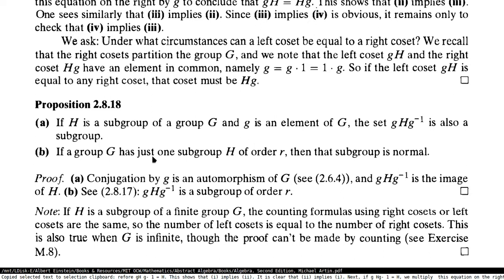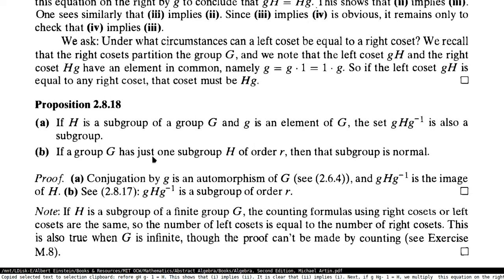The first one is trivial because we know about automorphisms. Conjugation is an automorphism, and gHg inverse is the image of H under this automorphism, so it has to be a subgroup.